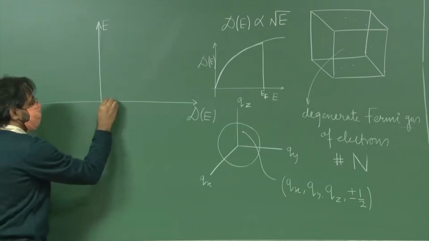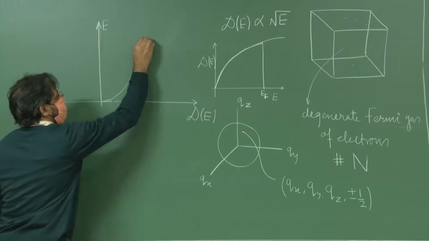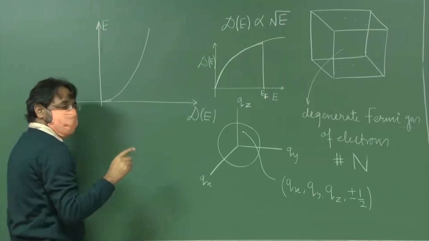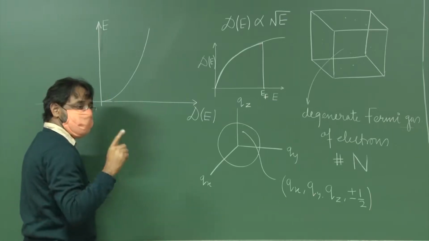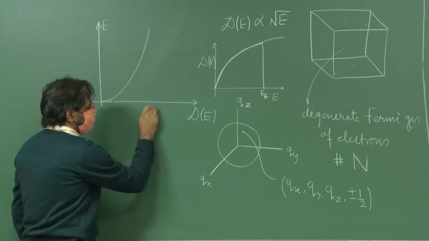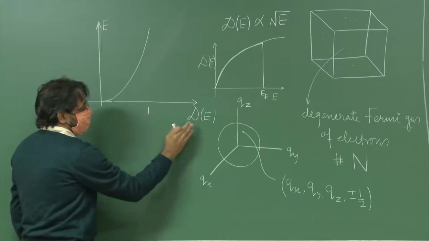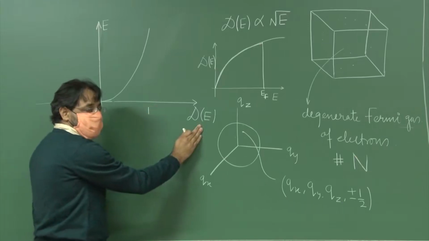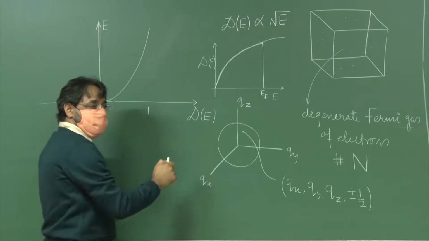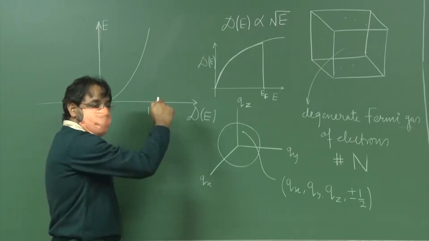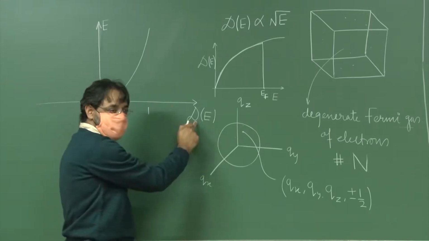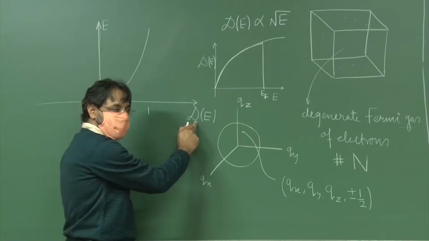Suppose I plot only the density of states for the up electrons. I don't want to plot the total density of states; I want to plot the density of states for electrons with their spin pointing upward. That will be 1/2 of this density of states, won't it?